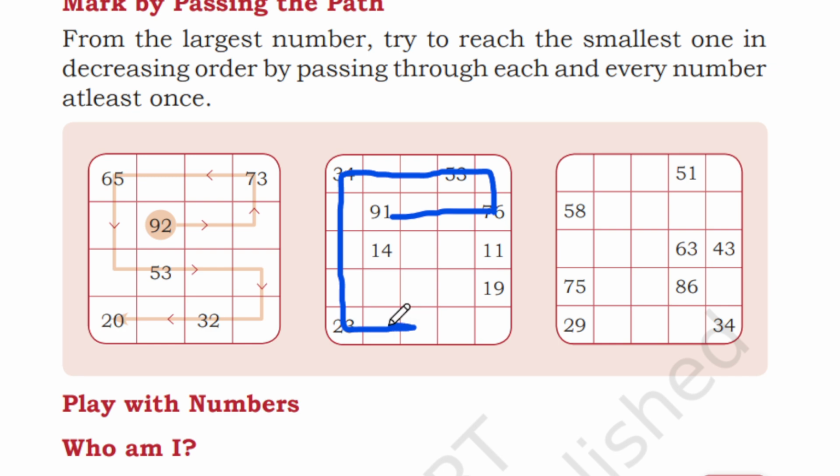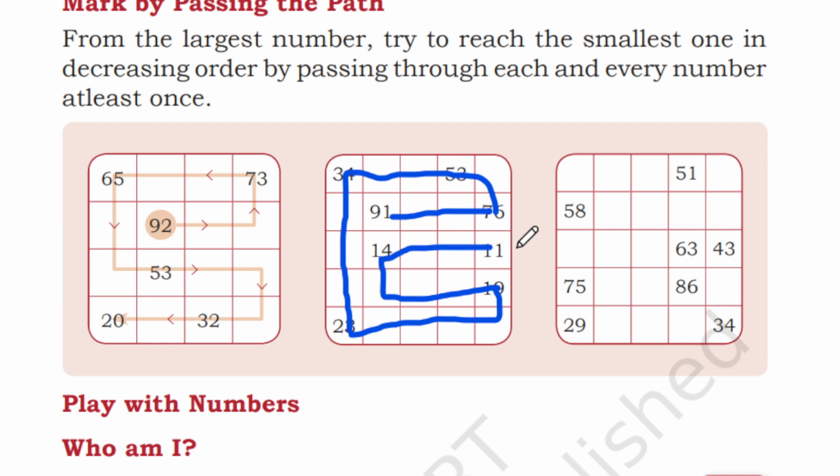So 23, no, sorry, 1 minute. So 75 to 53, 53 to 36, 36 to 23, so 23 to 19, 19 to 14, and 14 to 11. So 11 is the smallest number.